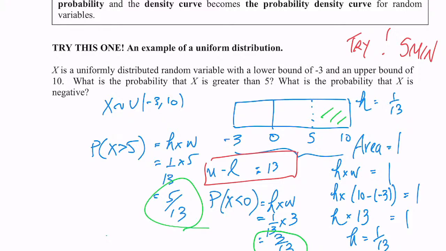So yeah, if you want to turn these into decimals, 5/13 is like 38%. And 3/13 is 23%.